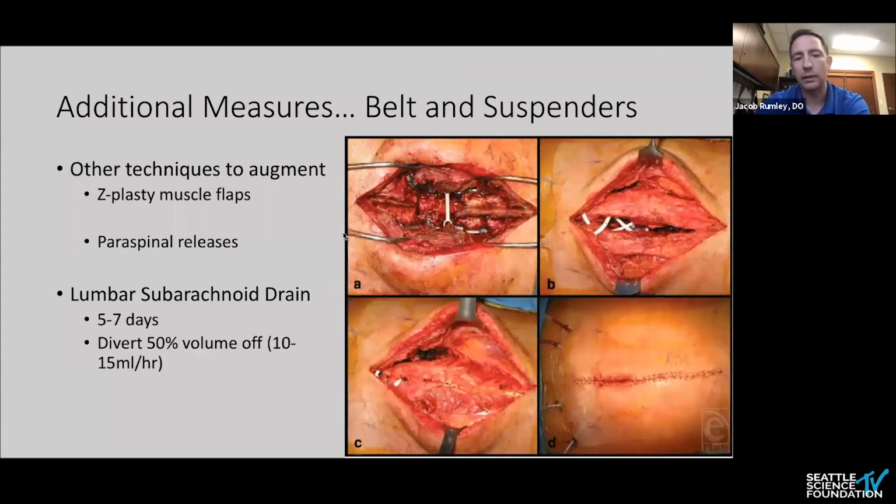And lastly, consider putting a lumbar subarachnoid drain. You want to divert about 50% of that fluid so that you can protect your closure. And this is for a lumbar wound or a lumbar incidental durotomy. Cervical, it's a little different. You're not worried as much about that column of pressure pushing on it.